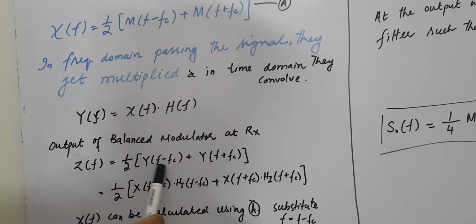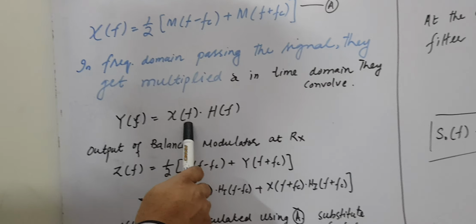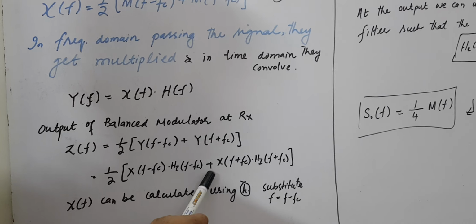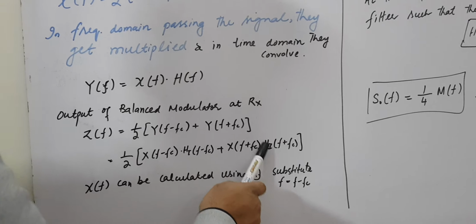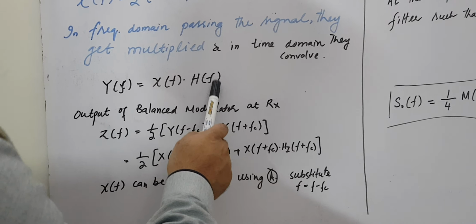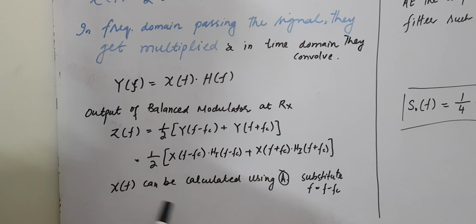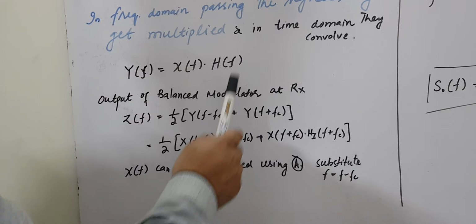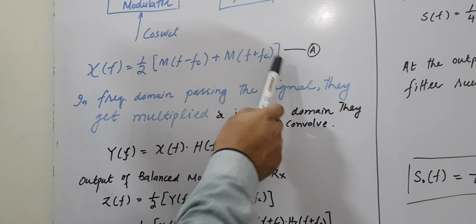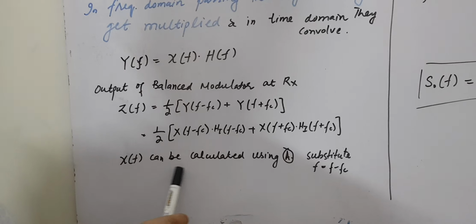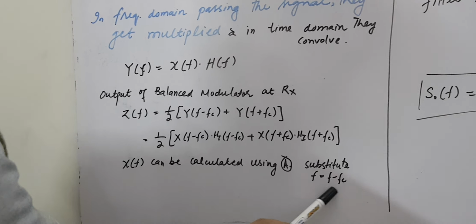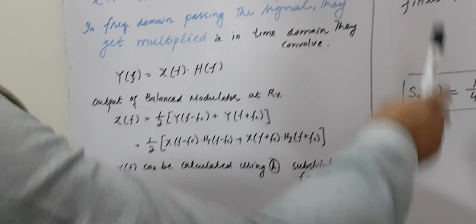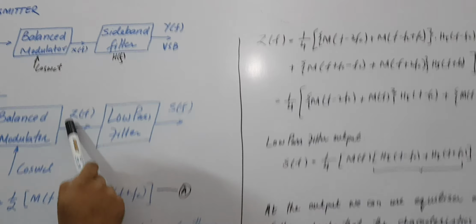You are just inserting this frequency into this equation, and then plus X of f plus fc multiplied by H of f plus fc. So this was equation A. X of f can be calculated using A, where you substitute f equals f minus fc. So now this is Z of f.